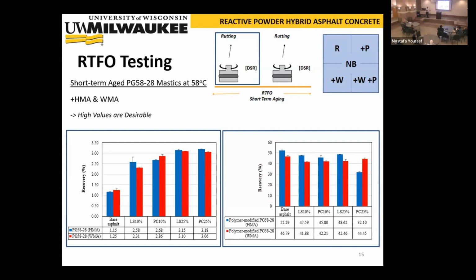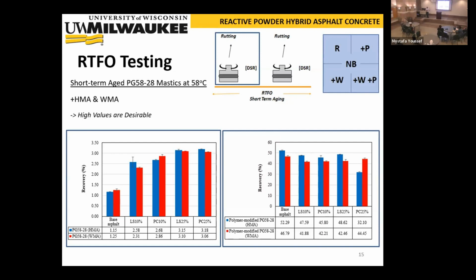But once you flip to the polymer modification, you'll notice that the polymer inside the binder is what's in control of the recovery, not the particulates. So we start with almost 50% recovery of the observed deformation. And we maintain about the same range, somewhere between 50 and 30, which is an acceptable range.